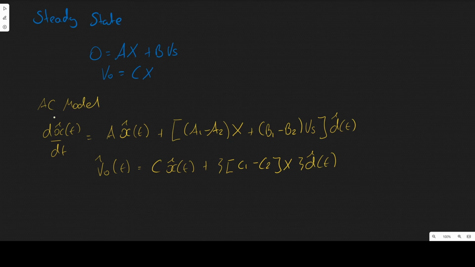So this is the AC model and this is the steady state model, and here we have eliminated and neglected the second order terms, and we have effectively linearized our system.